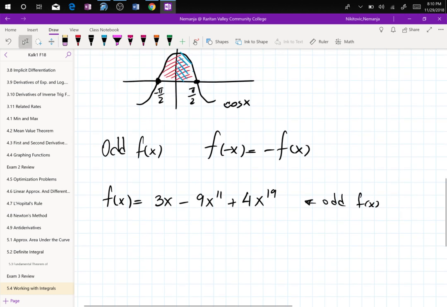So that's a shortcut. So now what is the calculus quality of life improvement here? It says that from negative a to a, f of x dx is equal to 0. And that's if this is an odd function.